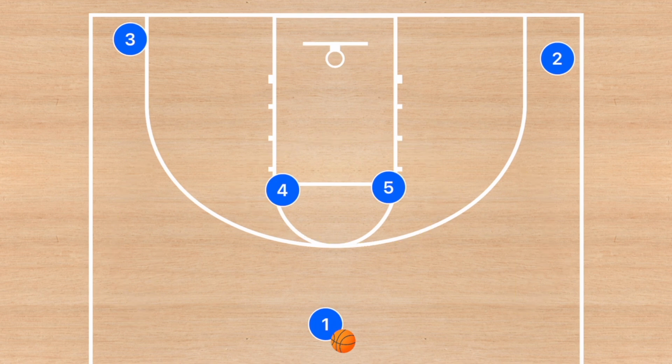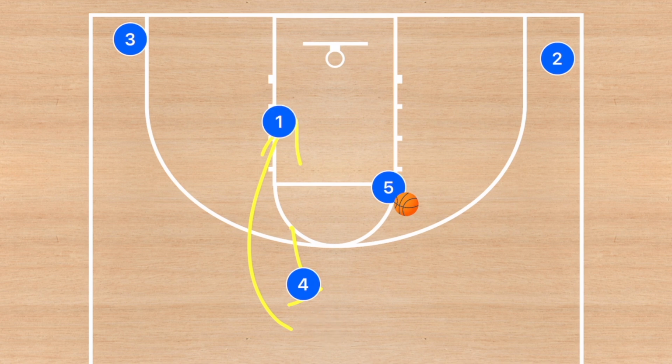This next play, I'm going to be explaining in 2 different parts because there are 2 different ways of running it. This is a Horns offense. What we're going to start with is player 1 passing to either 4 or 5. After he makes that pass, player 4 is going to be setting the back screen for player 1. Player 1 is going to cut to the basket, and that may be a layup opportunity for player 1. This could also be an opportunity for player 4 to hit a 3-point shot.